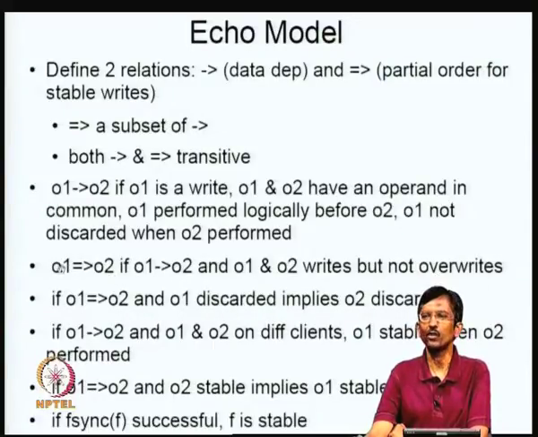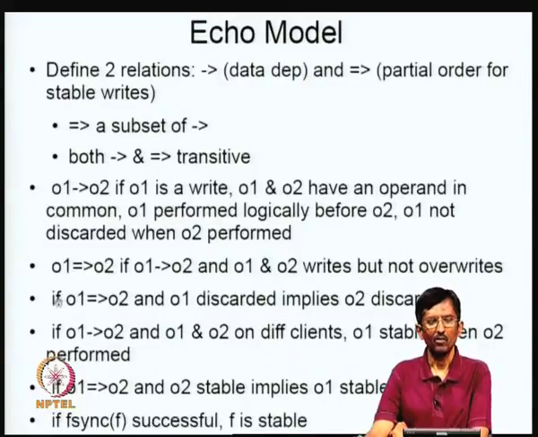Because these two are writes, I am trying to ensure that if O1 goes to disk, then O2 could be discarded. We are not really saying O2 should be. The fact that O1 has gone to disk does not mean that O2 has to also go to disk. All this is saying is that there is an order in which these two have to become stable. They already have a connection with respect to the dependence, but I am also telling it how it should happen in case I flush to disk.